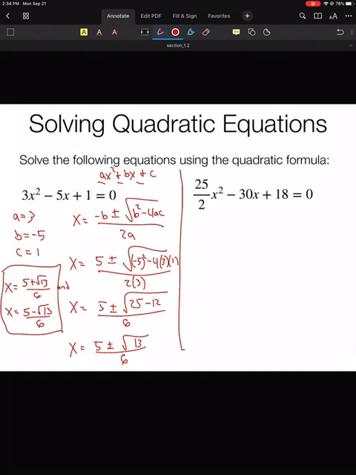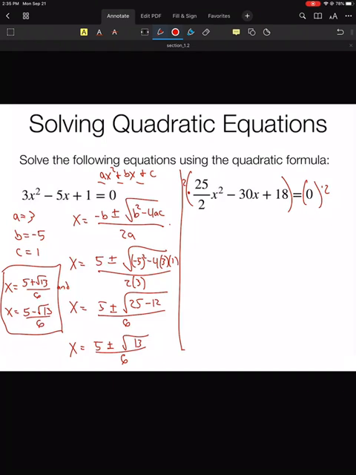25 halves x squared minus 30x plus 18 equals 0. Okay? Whenever I have fractions here, the idea should be that you want to get rid of the fractions because you don't want to deal with any fractions in the quadratic formula. So what I can do is multiply both sides of the equation, so all of the left and all of the right, by 2.